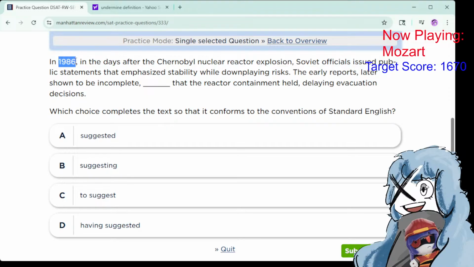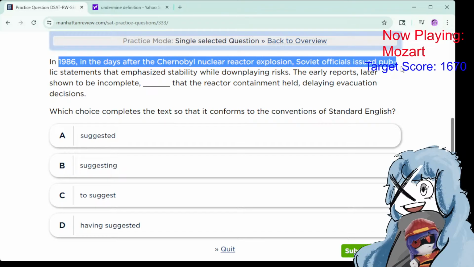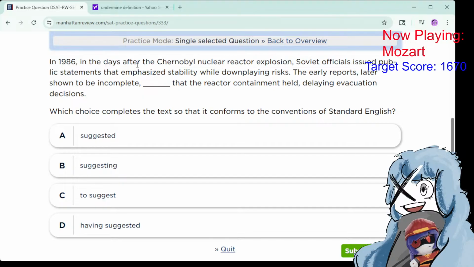In 1986, in the days after the Chernobyl nuclear reactor explosion, Soviet officials issued public statements that emphasized stability while downplaying risk.